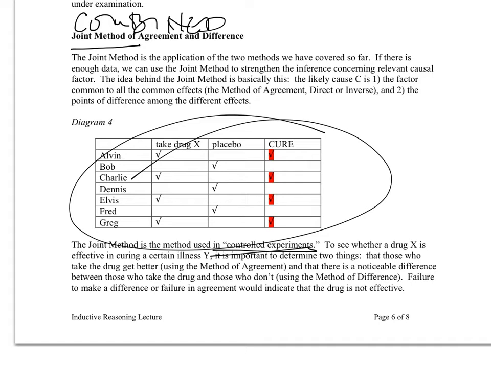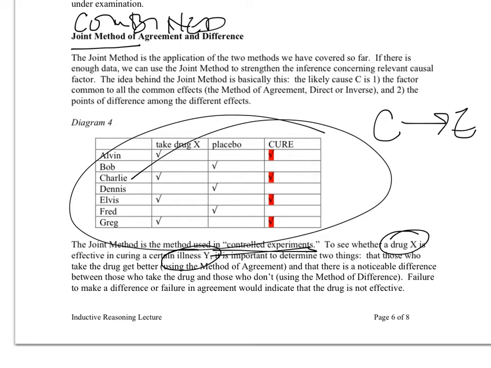Controlled experiments are experiments that scientists use to try to determine in a laboratory context whether a certain thing causes a certain effect. So if you want to figure out whether a certain drug is effective in curing a certain illness, you're going to want to combine the two methods.